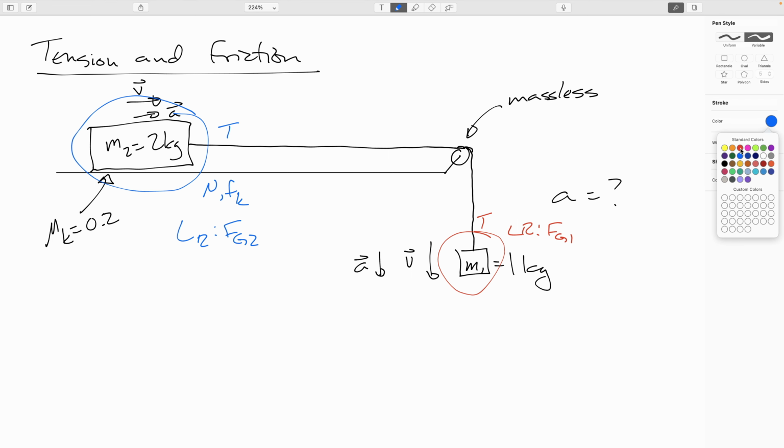Now, a quick observation here is that this red tension is equal to the blue tension force. And this is because it's the same string and we're assuming it's massless.